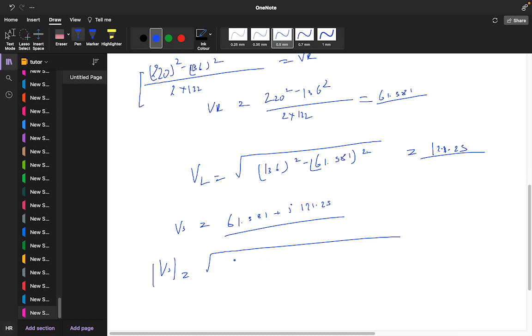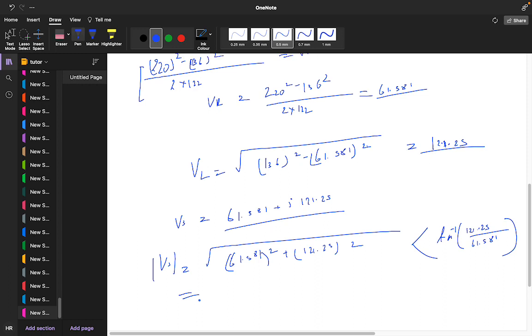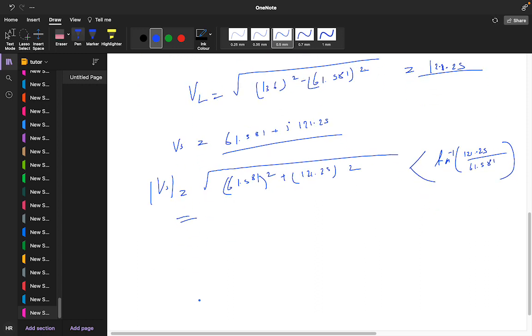Root of 61.581 square plus 121.25 square, angle tan inverse of 121.25 divided by 61.581. So what is the value it's coming? 135.99.